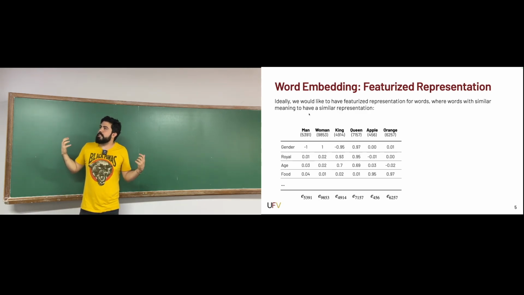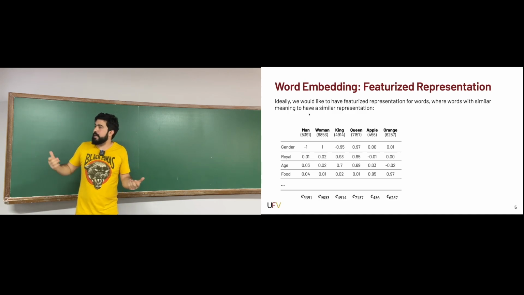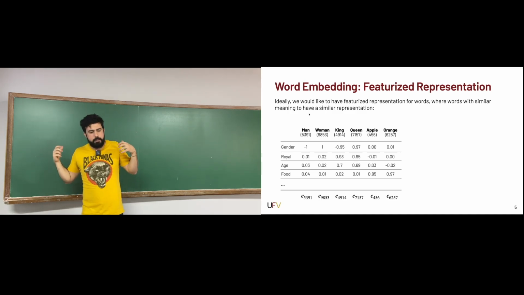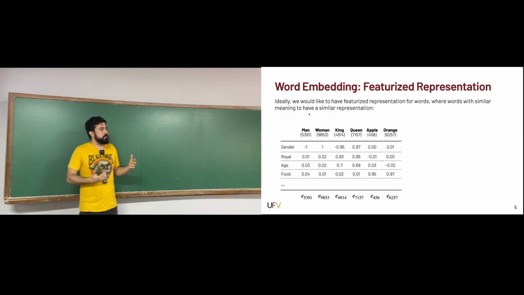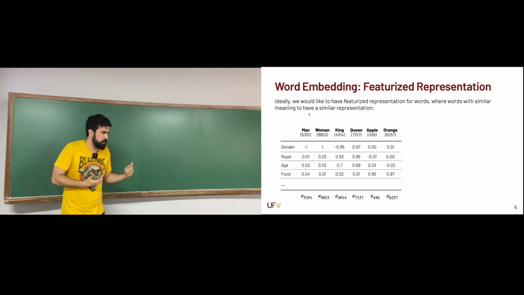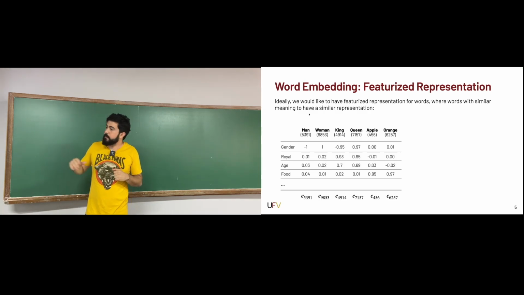So the intuition behind word embeddings is that we're going to learn representations that have features in them. And we can learn any number of features we want. The only problem is that we wouldn't know what these features mean. Okay? And we're going to see that along this lecture.